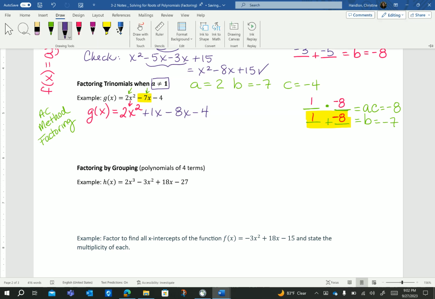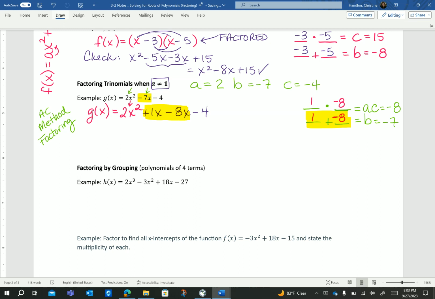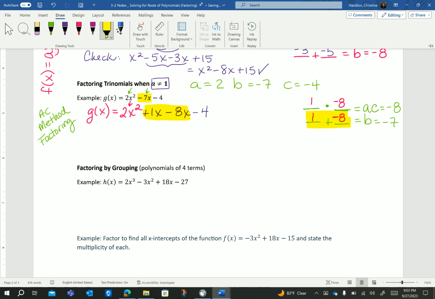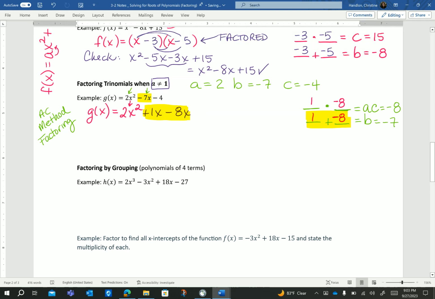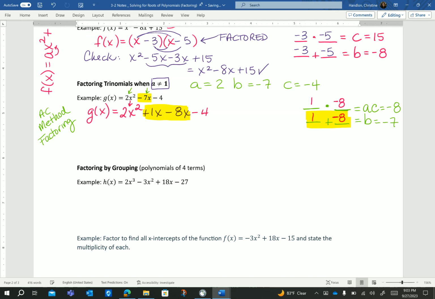I'm purposely putting it in yellow here too, so you know that's where it all came from. If you combine like terms, 1 minus 8x, notice that that's going to be -7. This -4 comes down. So the first and the last term come down.